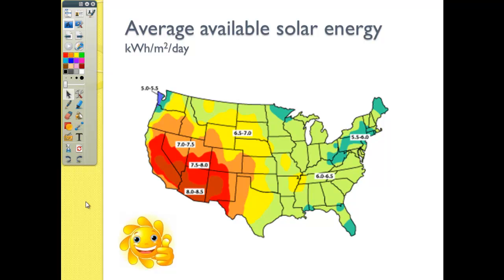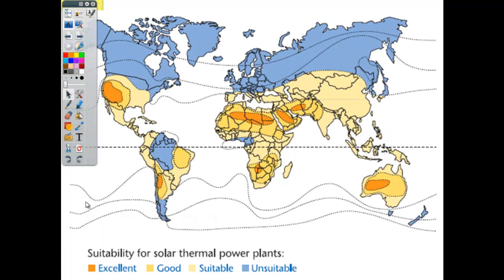So most of this technology you're going to see in the desert southwest, because that's the best place. Worldwide, you can see here, United States in the desert southwest, but across Africa and the Middle East and Australia and even throughout China, you have some potential to use this around the world. And that's good news, because a lot of these places are third world countries where the developing nations just cannot produce their own power.